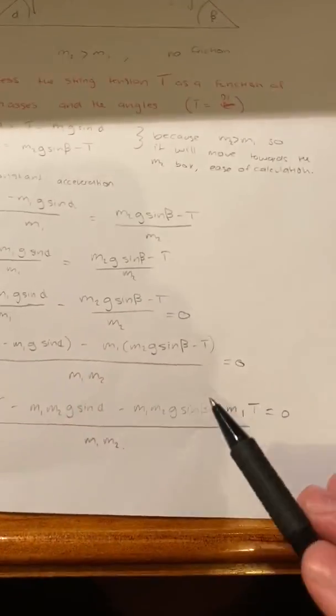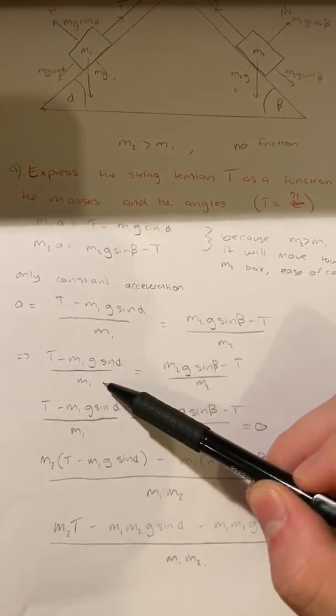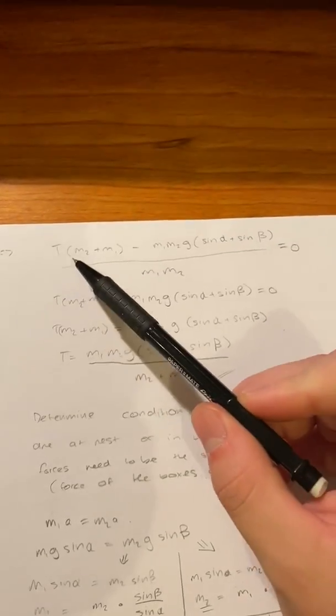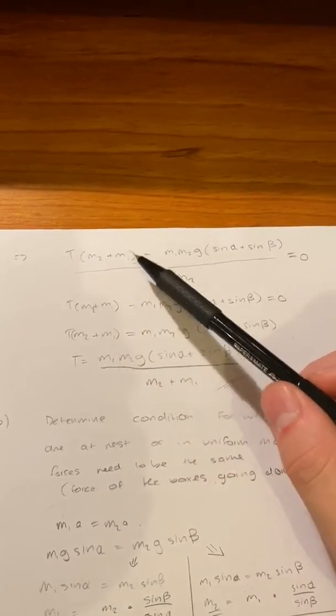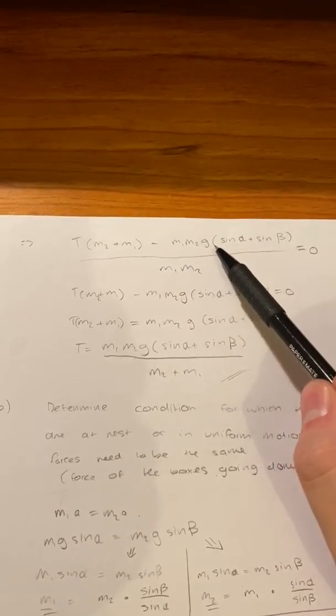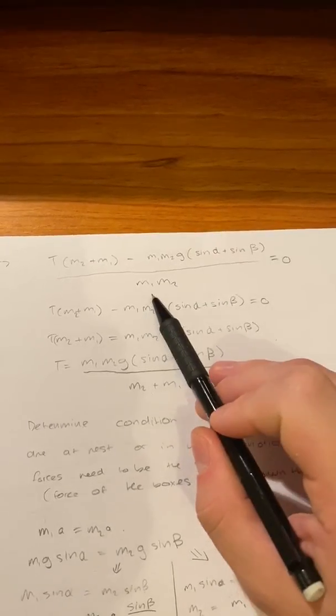That will all equal 0 because I took the right hand side and left hand side of the equation and put them on one side. On this page, I took the T out of the m2 plus m1, and the m1 m2 g out of the sine A, sine B, and that will still be over m1 m2.